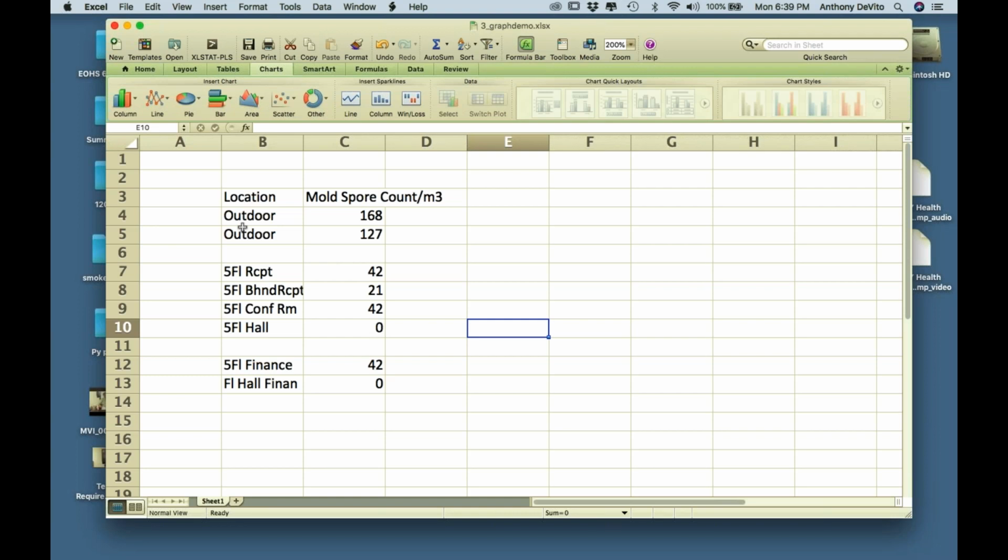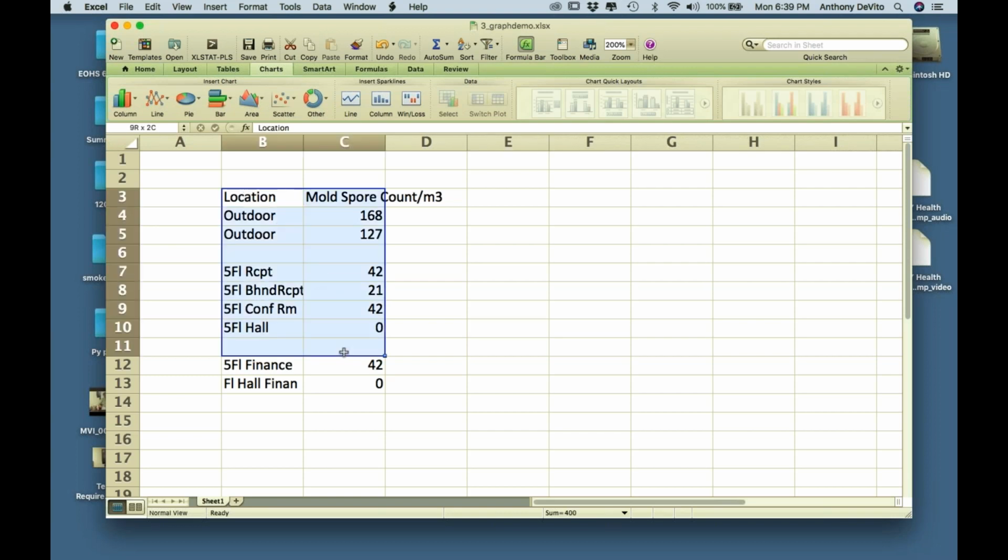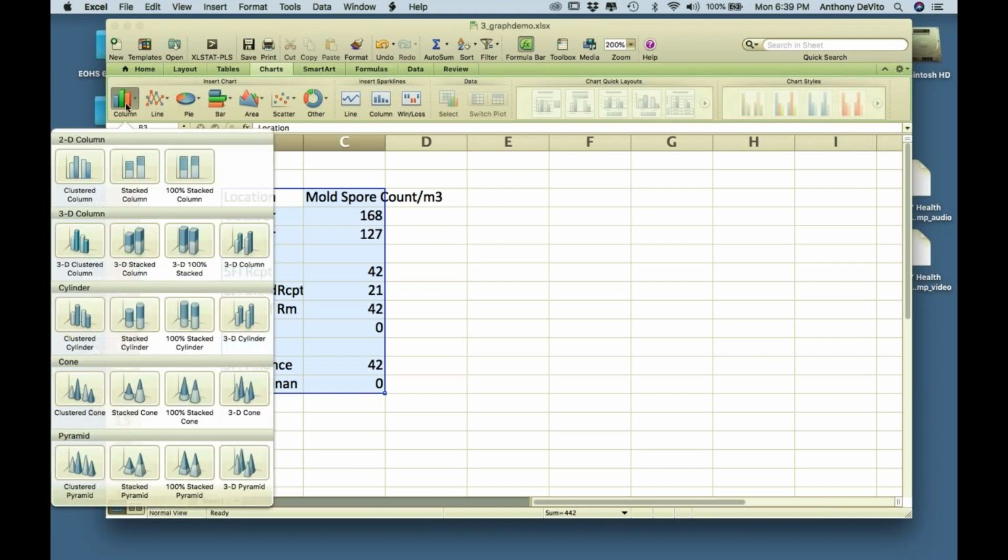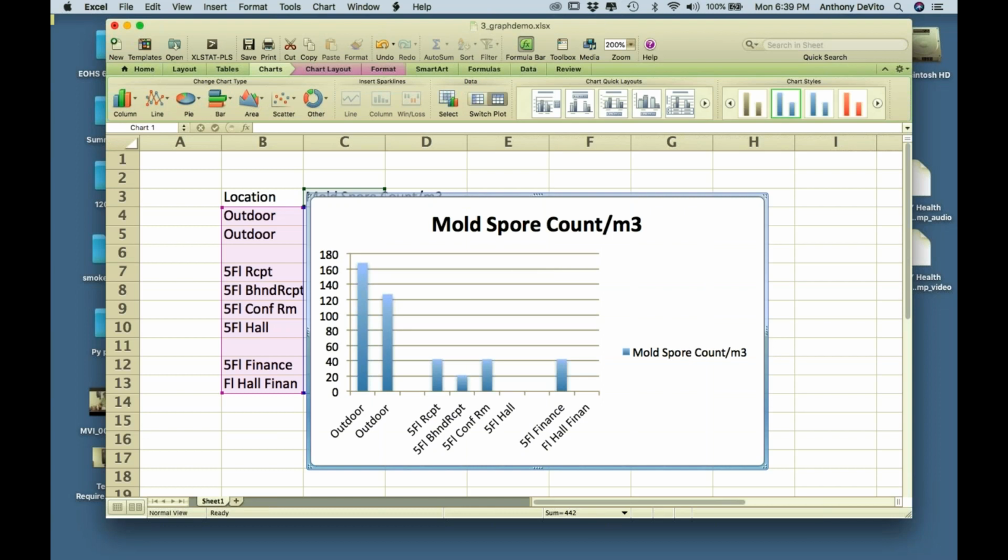Well, maybe if I look at this graphically, it'd be a little easier to understand. I've organized this data in columns and rows in a manner that makes it easier for me to create a graph very rapidly. So I'm going to highlight the data that I want to present graphically. I'm going to tell it I want to present it as a clustered column chart, a bar chart.